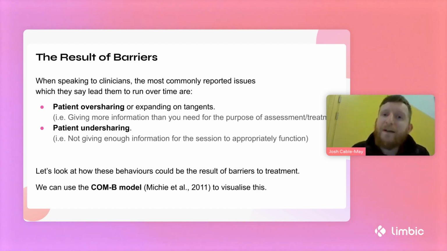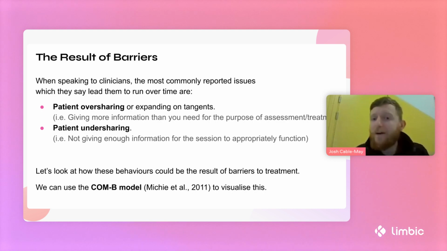But the reason I'm showing you this is because through conversations and speaking to your patient, if you can get to the bottom of what the barrier is, whether it's capability or opportunity, you can then start to work on that together. So if the patient is really struggling to put their symptoms into words, for instance, you might send them an emotions wheel or something like that, or you might help them to put their symptoms into words. And that might then lead to less oversharing.